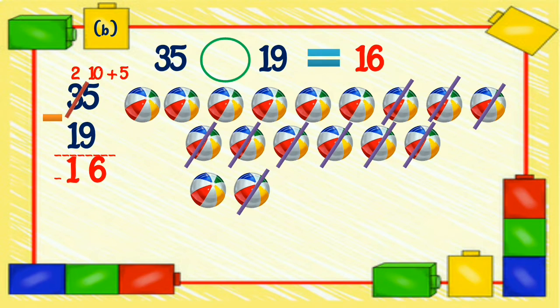So here we can see our answer is 16. That's why, which sign comes here? The minus sign comes here. Okay, very good children. So you all understand this two digit minus sum.